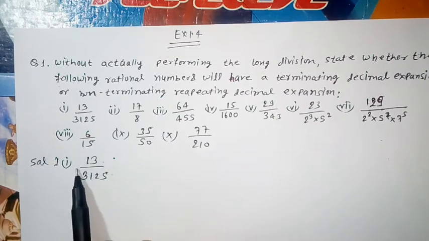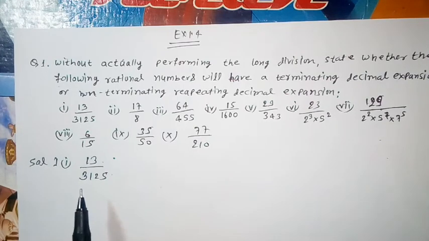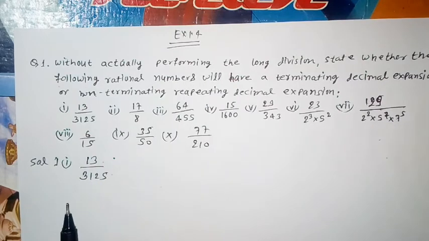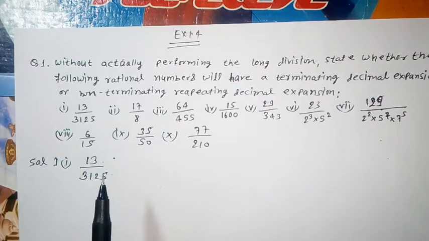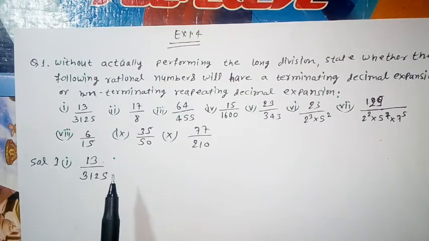If the HCF is not equal to 1, then it is not in simplest form, and then we divide numerator and denominator by the HCF. Now check whether this rational number is in simplest form or not.